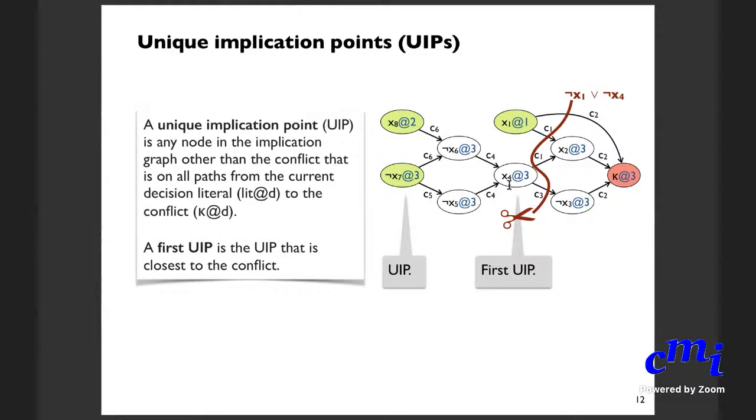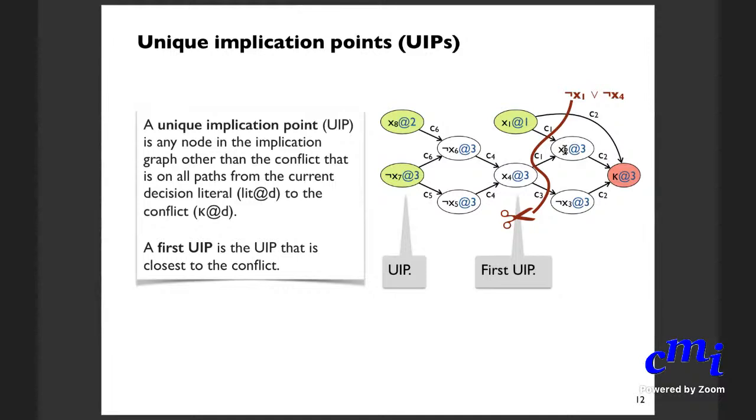You can keep track of this chain, this dependency, in other ways, and you can use resolution steps, working your way backwards from the conflict clause, doing a chain of resolutions on the clauses that are shown here.